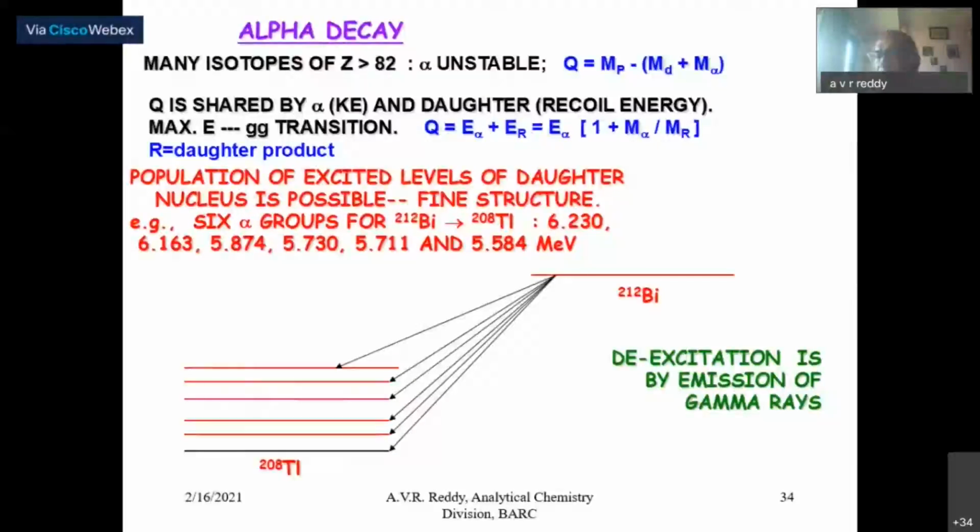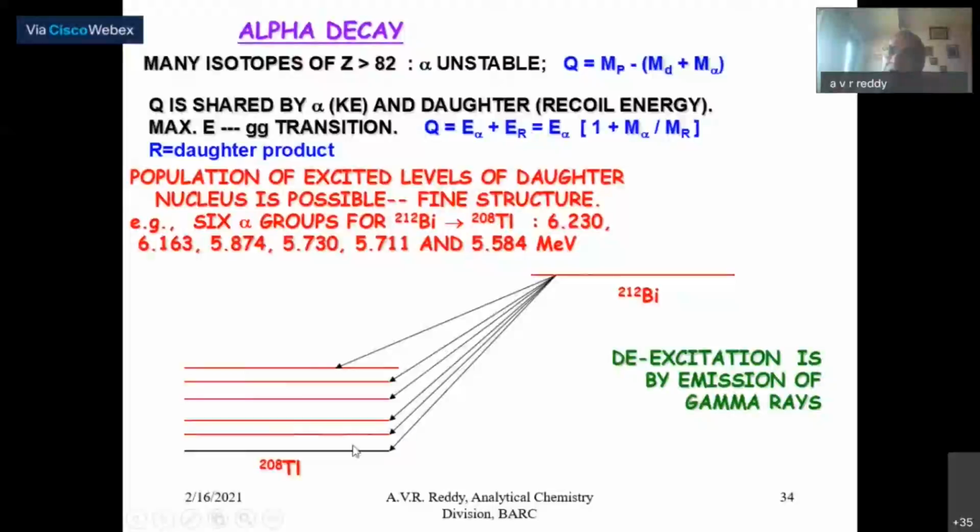The former is the particle emitted; the remaining heavy particle is called the daughter product, and it is not necessary that all the energy will be emitted in one go, from ground state to ground state. It can as well go through intermediate states. It can populate the intermediate states of the daughter nucleus.